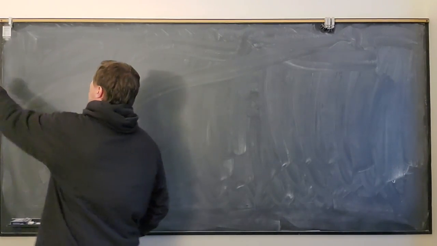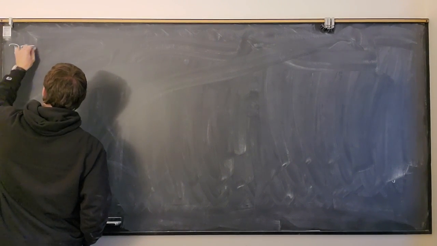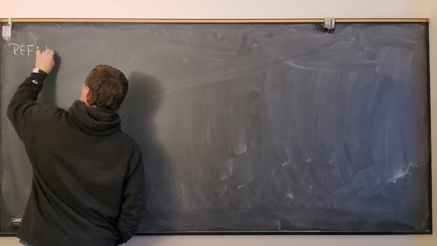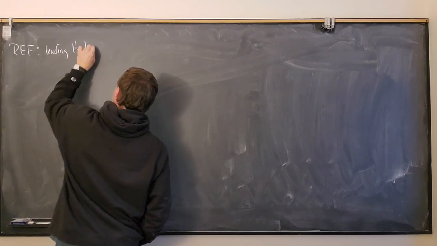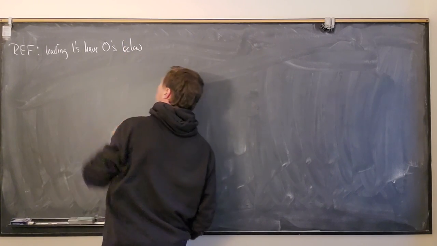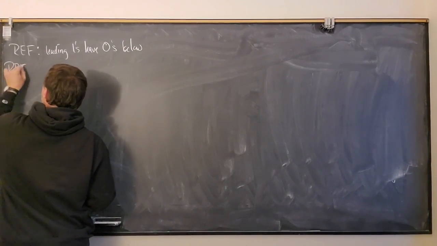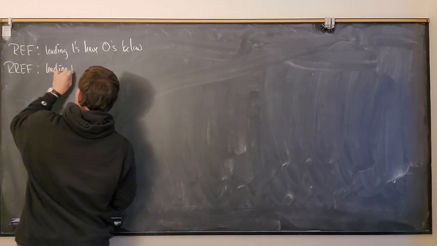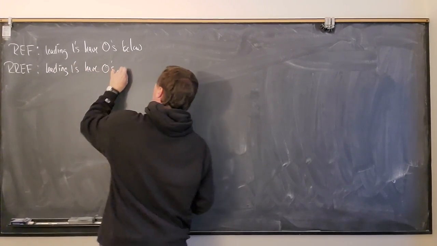One thing I want to point out: in row echelon form, leading ones have zeros below, and in reduced row echelon form, leading ones have zeros above and below.